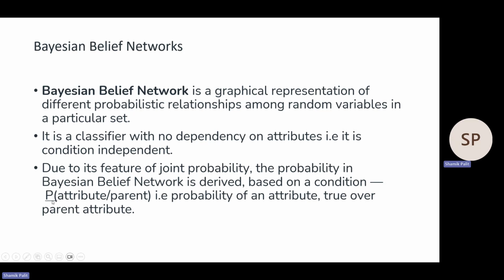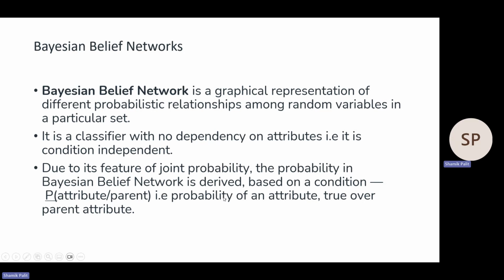Say, for example, we would like to find out the probability of an attribute where the parent has already been given. The parent value is true, and we would like to find out the probability of any specific attribute. So whenever we have specific classifiers with no dependencies on that particular attribute, in that specific situation, we can start to make use of a Bayesian belief network.